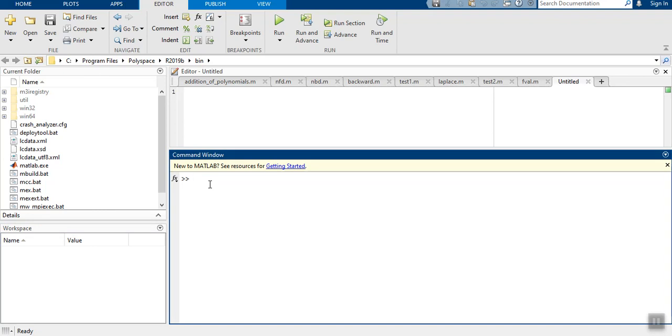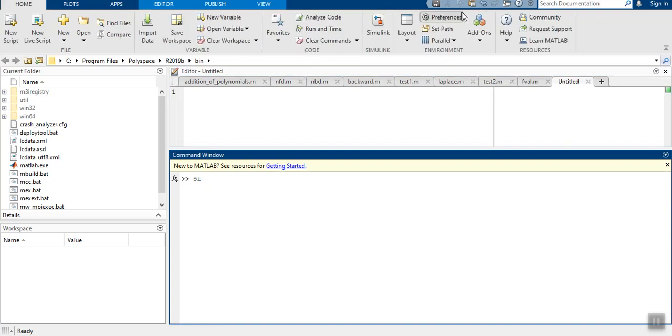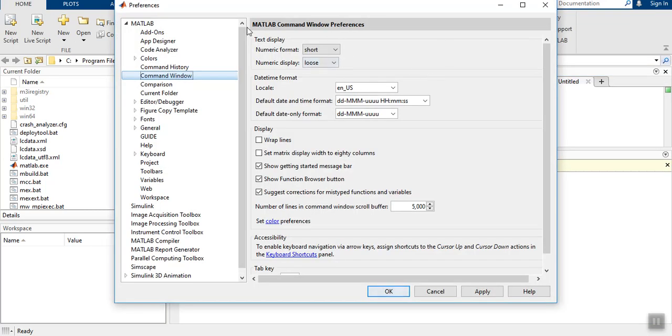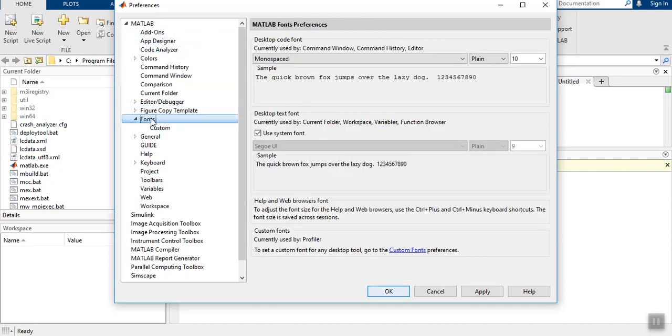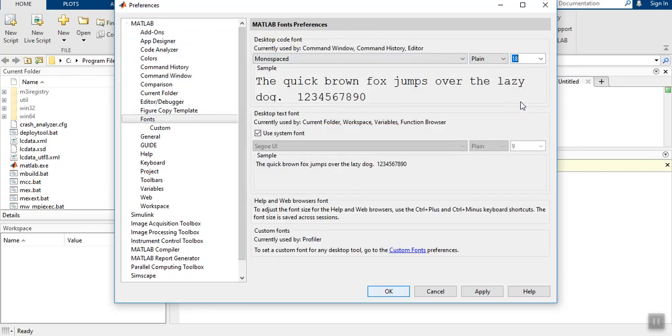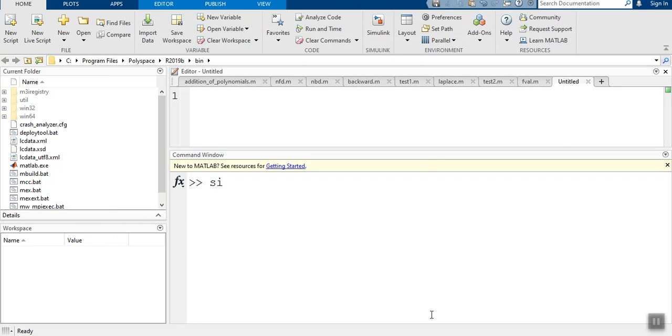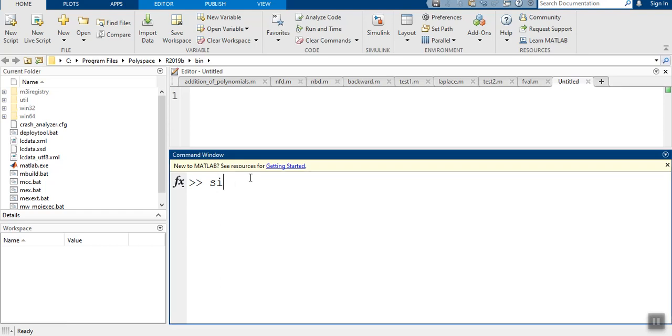Sine function. Okay, I will change the font size. A sine function, sin of 10. Here 10 is in radians.